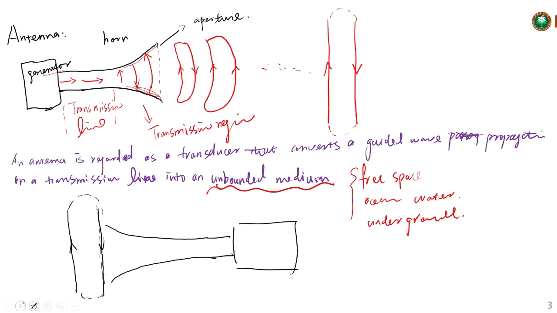So it can be regarded as a flat plane, and then it is intersected by the antenna and enters the aperture. This is the transmission region, and then it goes into the transmission line to the receiver. Am I correct?